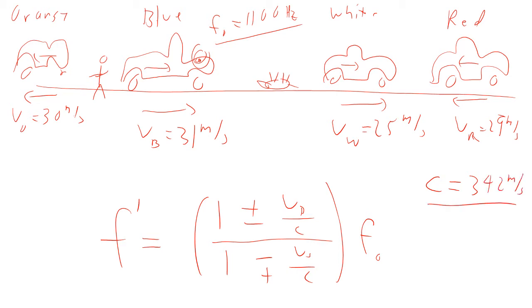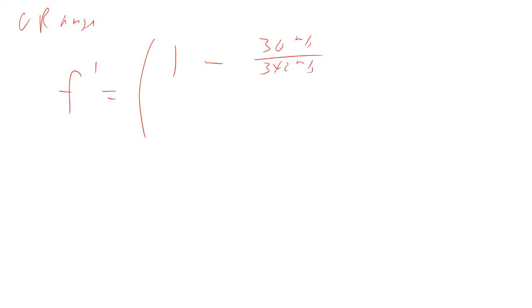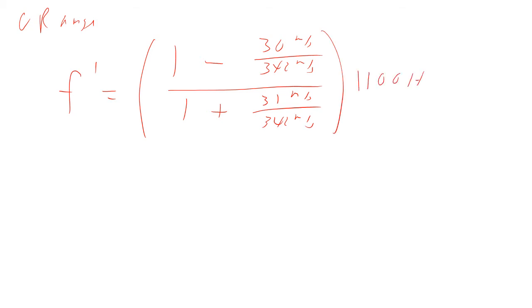And so now we just figure this out, and we say, okay, let's do the orange car first. So for the orange car, the frequency that's heard is going to be 1 minus 30 meters per second over 342 meters per second, divided by 1 plus 31 meters per second over 342 meters per second, times 1100 hertz.